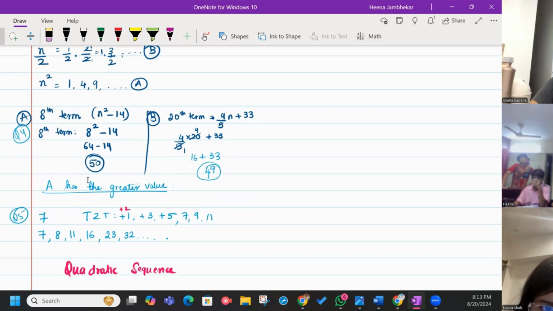For the 8th term, your n is equal to 8. For the 20th term, your n is equal to 20. So you just have to substitute that and see what's the final answer. Chalo, do that.